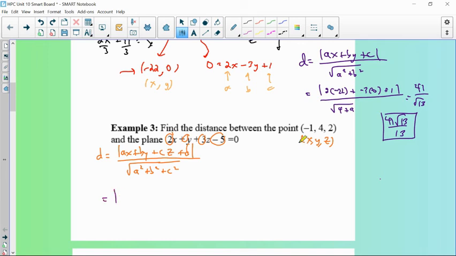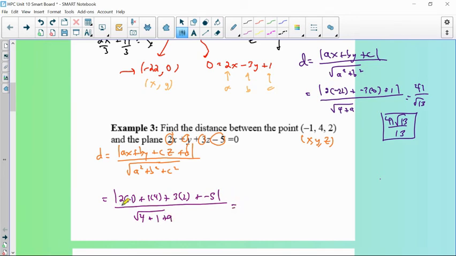So then let's just go ahead and calculate this. So A, which is 2, so 2 times negative 1, plus B, which was 1, so 1 times 4, plus C, which is 3, so 3 times 2, plus D, which is negative 5, all divided by the square root of A squared, which is 4, plus B squared, which is 1, plus C squared, which is 9.